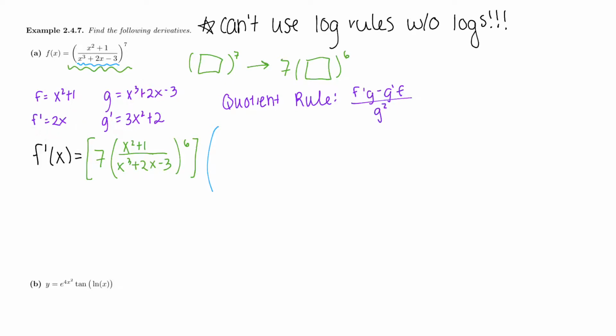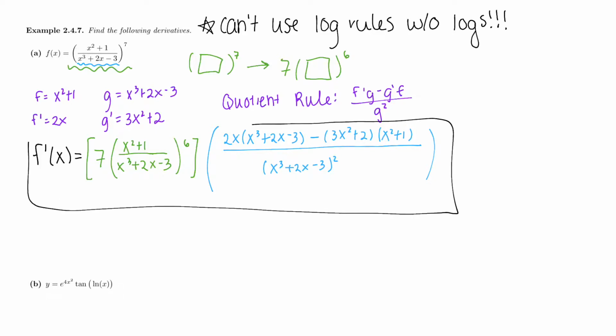So f prime g, so 2x times (x cubed plus 2x minus 3), minus g prime, which is 3x squared plus 2, times f, which is x squared plus 1. And then g squared, so (x cubed plus 2x minus 3) quantity squared. And that big whole thing right there is the derivative.